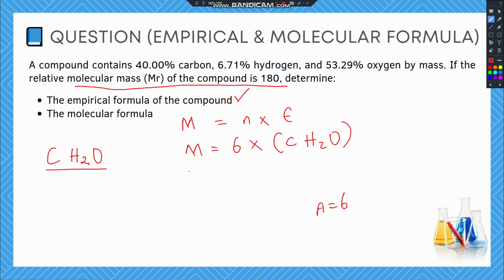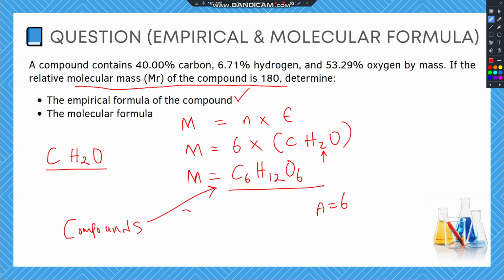So if we open this bracket, the molecular formula will be equal to C6H12O6, because 6 times 2 is 12. So this is the molecular formula of the compound, and the compound's name is glucose, because glucose is the only compound that has this molecular formula.